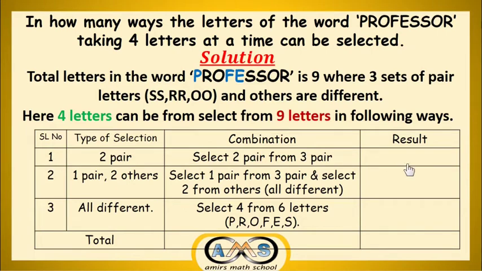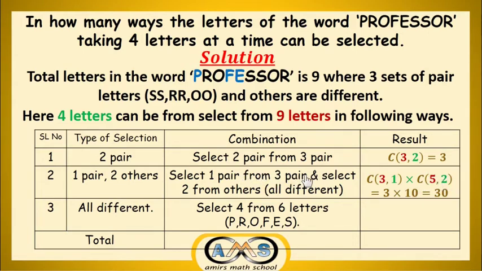So in the first case, the result will be, we have to select 2 pairs from 3 pairs, that is C(3,2), which is equal to 3. In the second case, first we have to select 1 pair from 3, that is C(3,1), and the other letters will be 5, and from 5 we have to select 2, that is C(5,2).